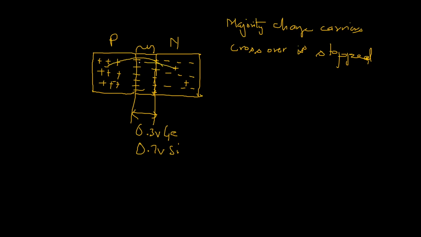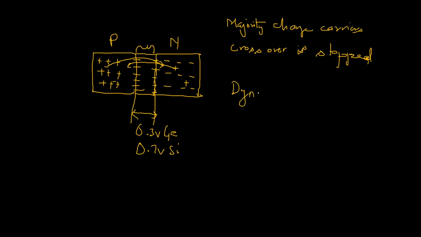The minority charge carriers will cross the junction and they will produce a current, whereas the majority charge carriers will not cross over, they will repel, and because of that there will be an equilibrium in the state of the p-n junction, and there will be no movement of current at all, and that equilibrium will be called dynamic equilibrium.